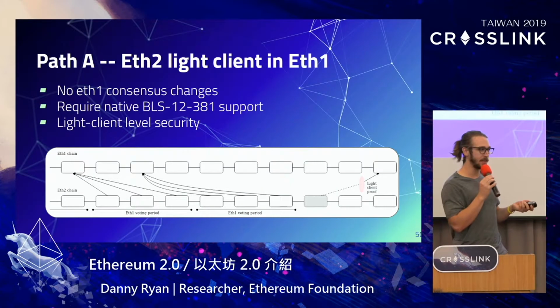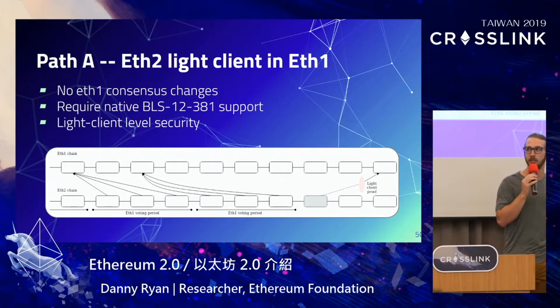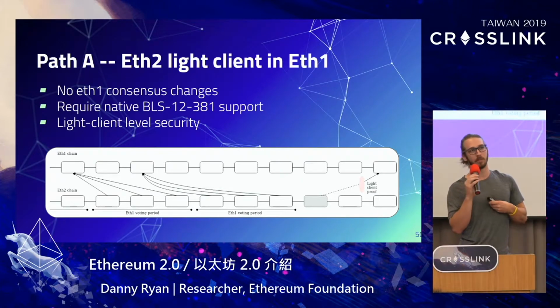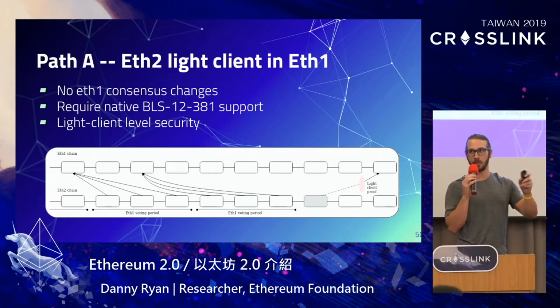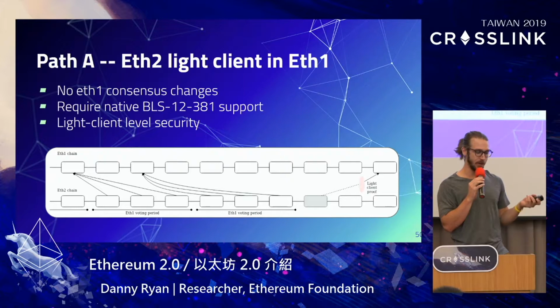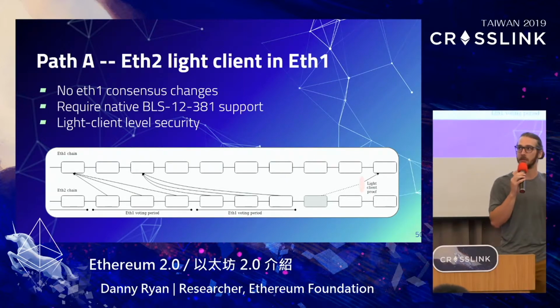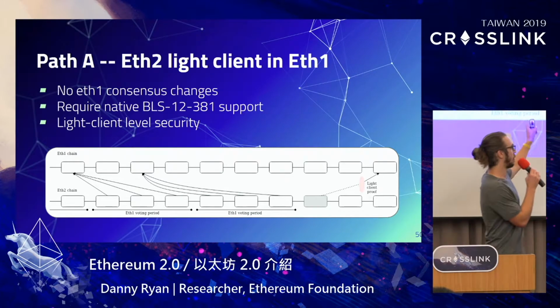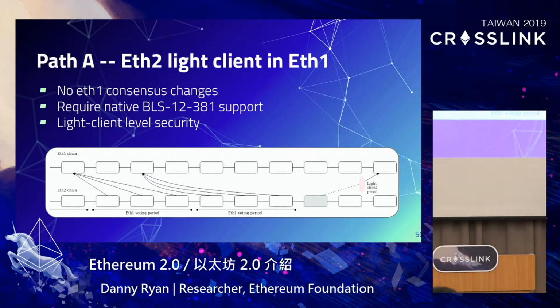There are a few different paths that Vitalik highlighted on ETH Research recently. One is to embed an ETH1 light client into ETH2, into the EVM, but this would require some hard forking to facilitate BLS12-381 support, and you end up only having a light client level of security. The important part is this light client proof.